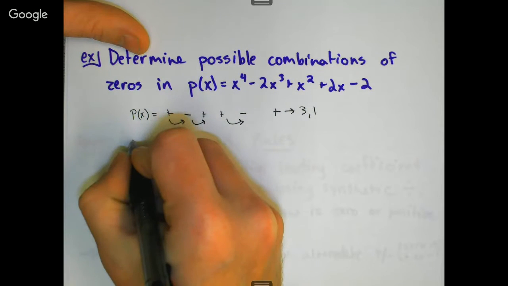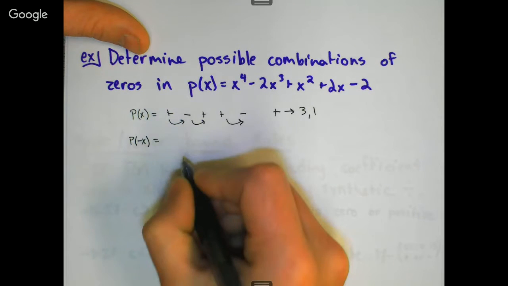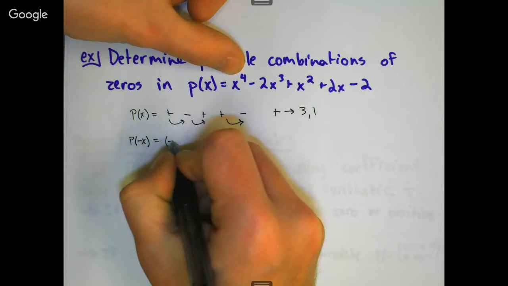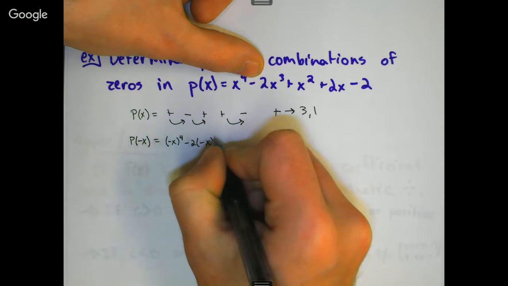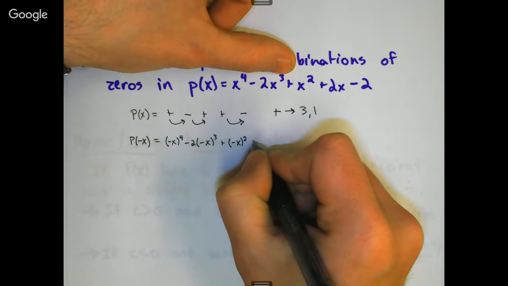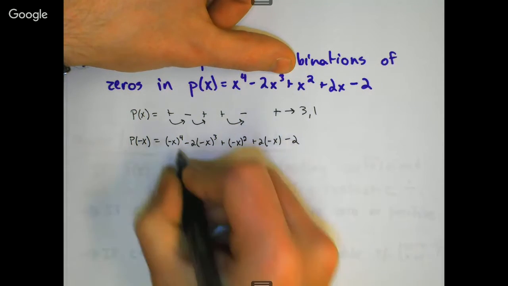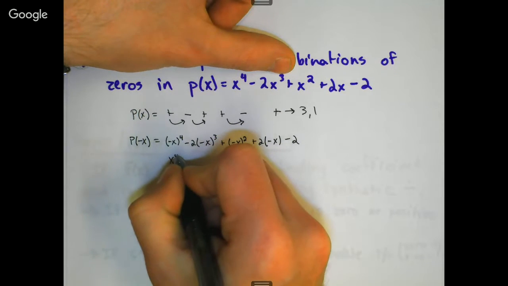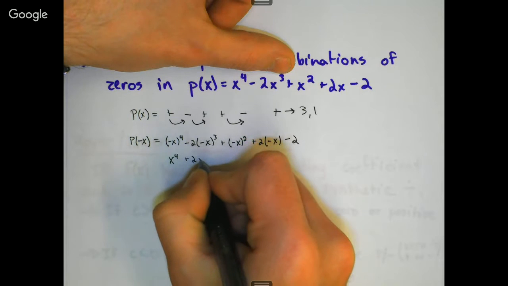If I look at P of minus x for the negative, okay, so I have negative x to the 4th, minus 2 negative x to the 3rd, plus negative x squared, plus 2 minus x, minus 2. So this one is positive. This will stay negative, so make that positive.